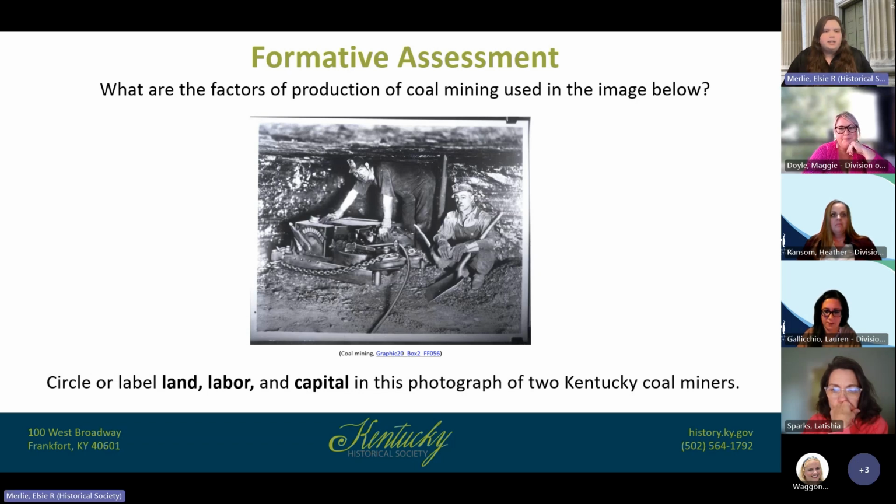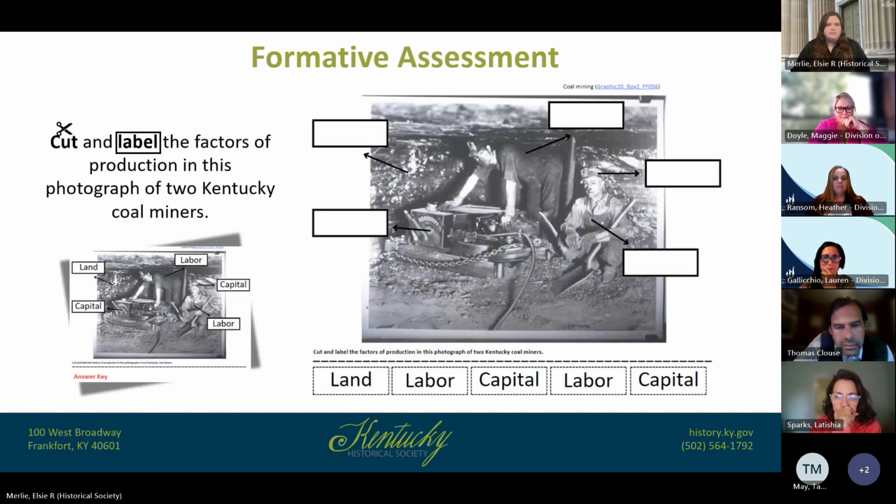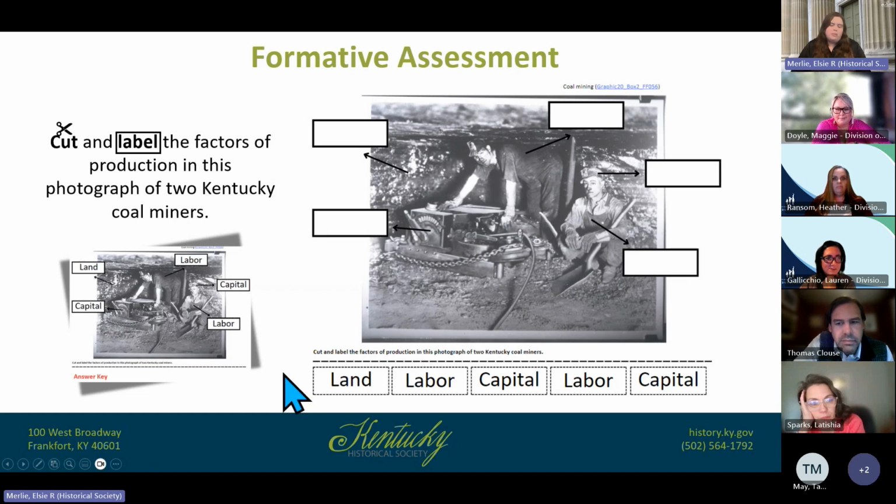What are the factors of production in coal mining used in the image below? This is another image from our KHS digital collections. I made a cut and label version, and there will be an answer key in the lesson plan format that gets posted later on to the KDE website. So there's an answer key for each of these.